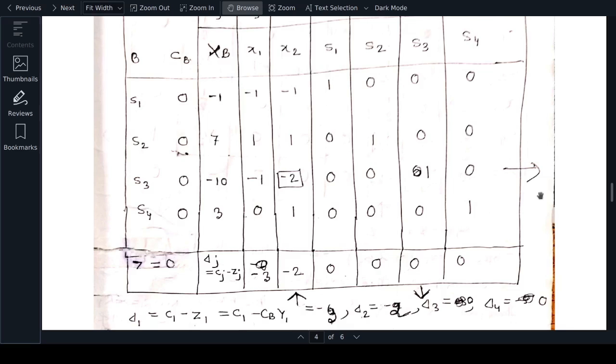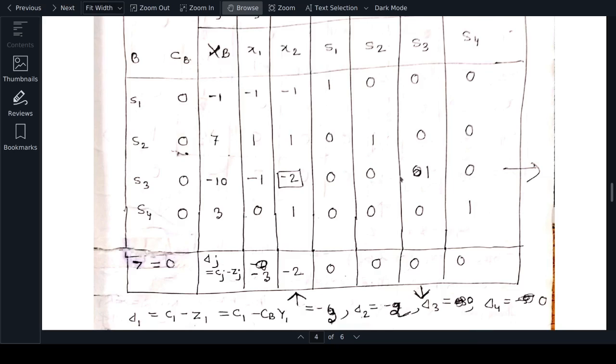This may be 0, no problem. Non-negative means there cannot be a negative one. So here in this problem, in the first table, the delta j values are negative or 0, so we apply the method. If any one value of delta j is positive, then this method fails.